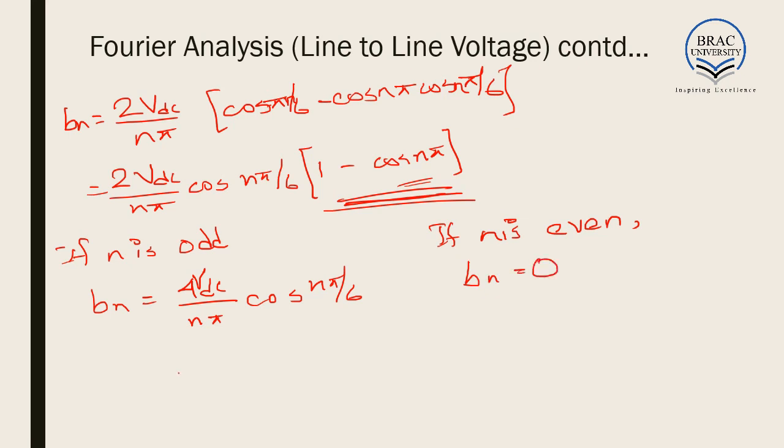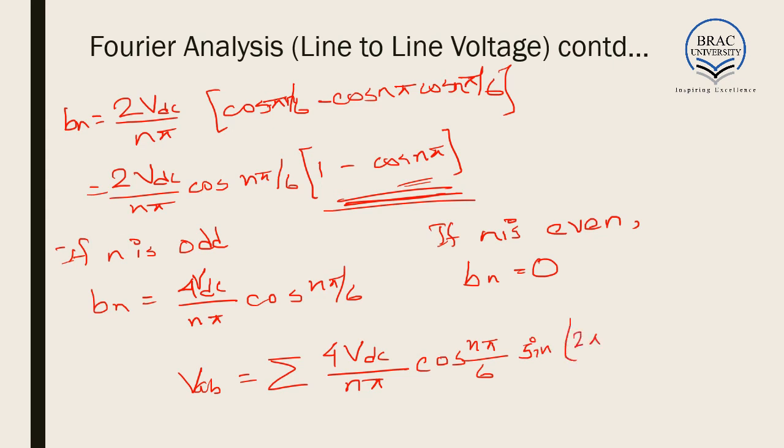From there we get VAB that we have been measuring is equal to the summation of 4 VDC divided by n pi, cos n pi by 6, sine of 2 pi f n t minus pi by 6.